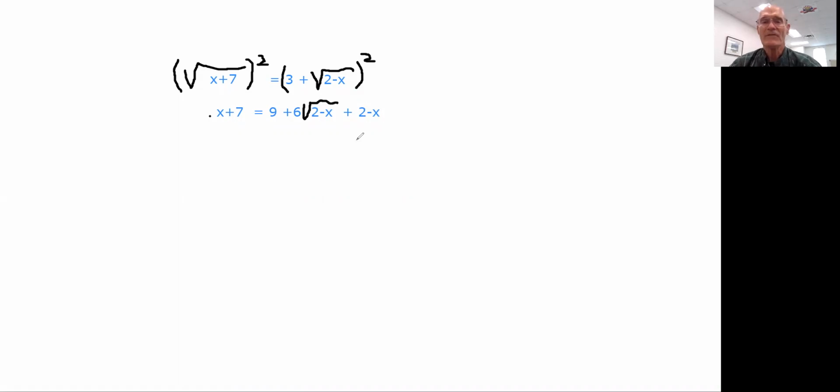Now, I get everything on the left side except the square root. I've got an x here and a minus x, so that gives me 2x on the left side. That takes care of the x.